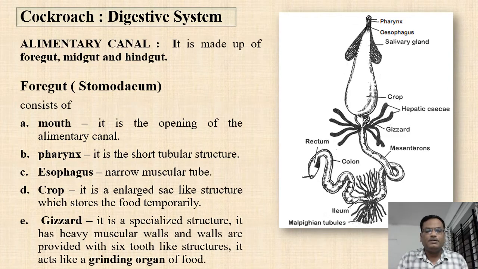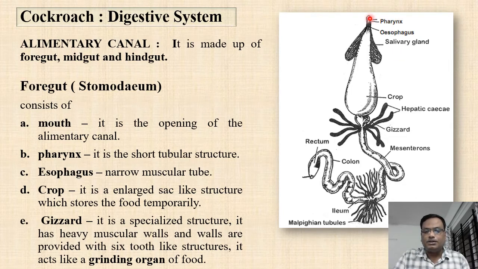Let us start with the study of alimentary canal. As I already mentioned, alimentary canal is a muscular tube which extends between mouth and anus. And this alimentary canal is divided into three parts: foregut, midgut and hindgut.